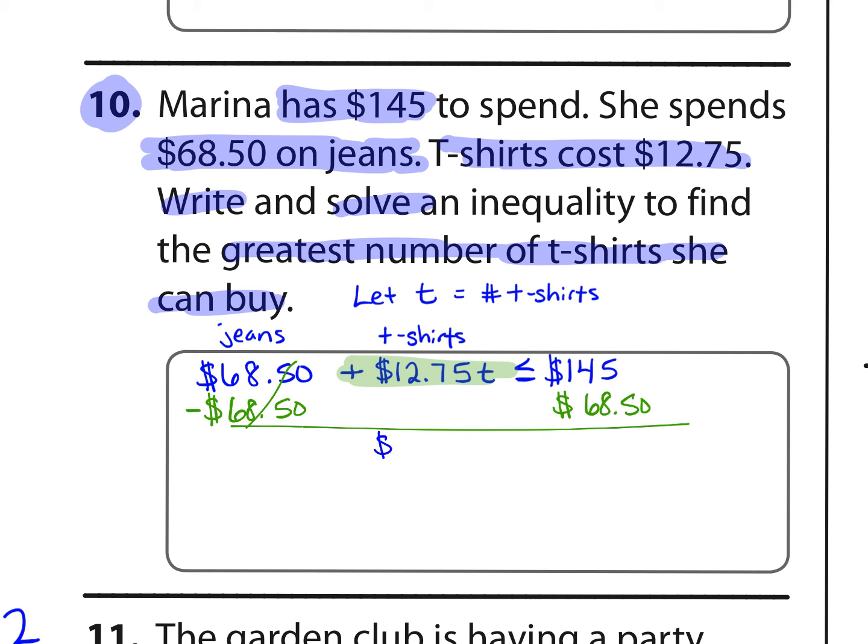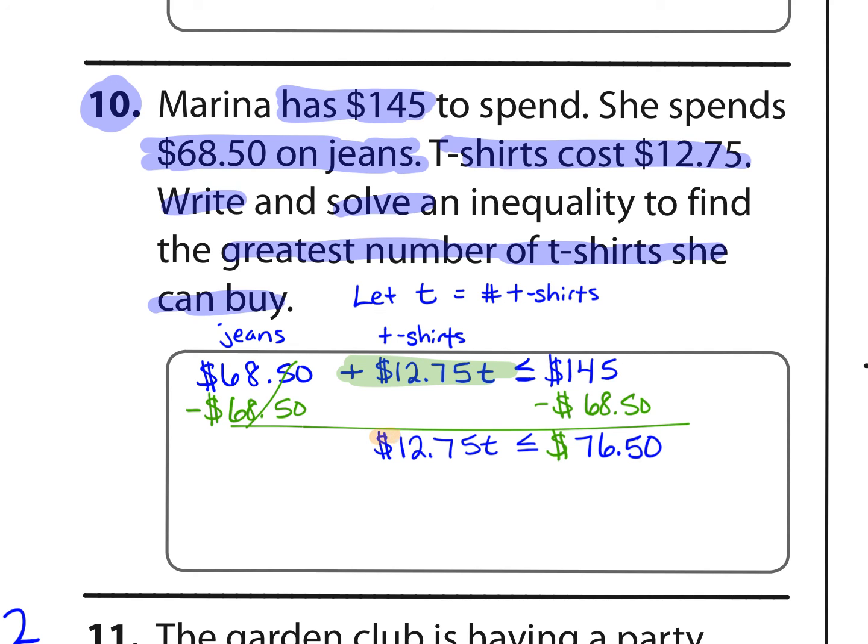And what that does is that gives us the remaining cost, which would be the cost of all the t-shirts. So the remaining cost, the cost of all the t-shirts, is $76.50.